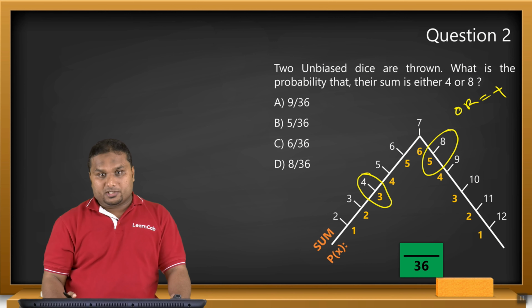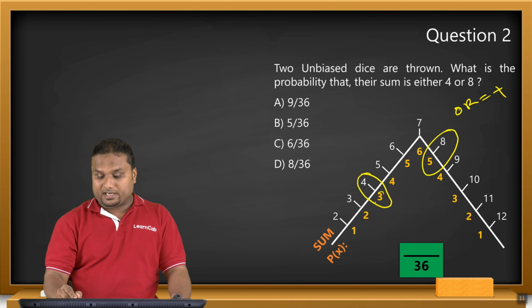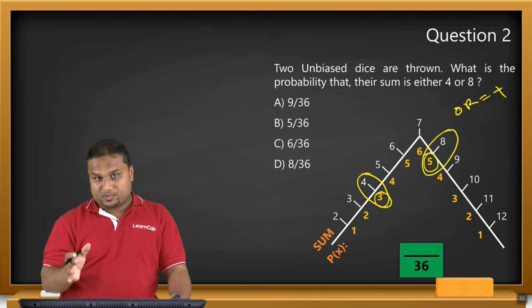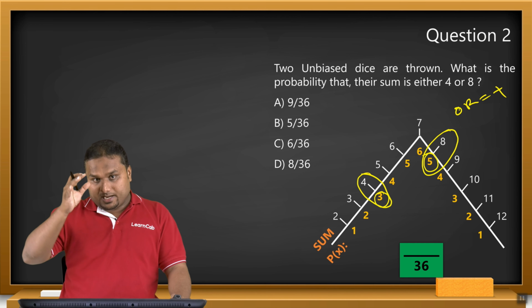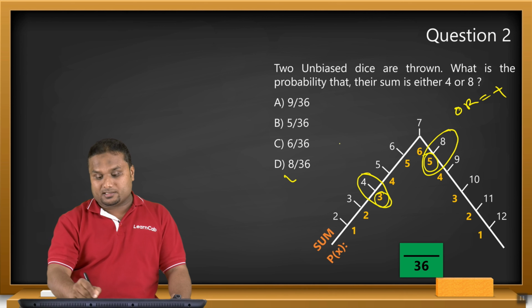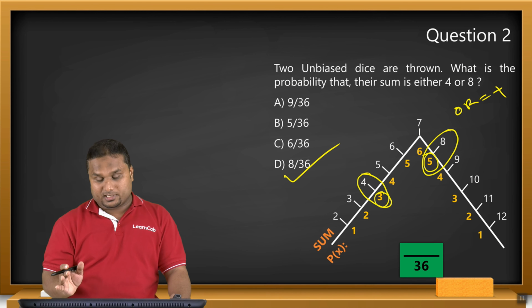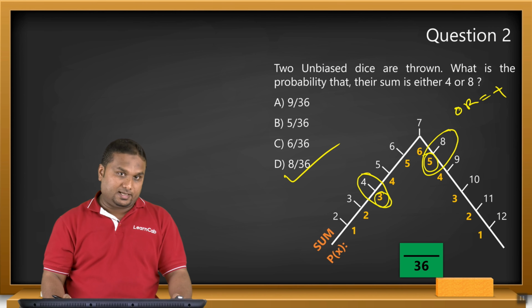The probability of getting sum equal to 4 is 3, sum equal to 8 is 5. So this is 3 by 36 plus 5 by 36, which is nothing but 8 by 36. So our answer is 8 by 36. This question can be cracked in seconds if you practice more questions like this.